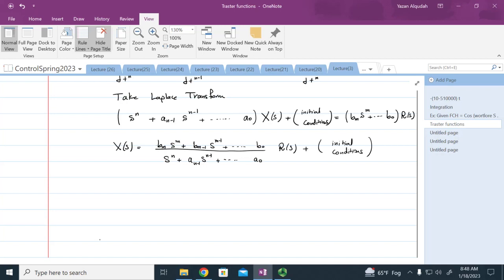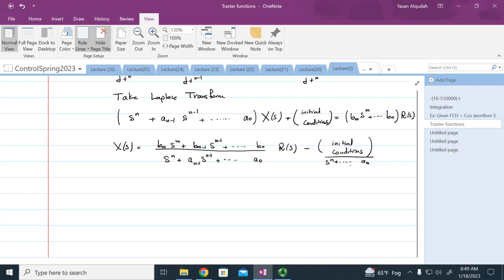Probably I should write a minus sign here, because I moved it to the other side. Yes, that's what I'm saying, this should also be divided by s to the n plus all the way to a_0. Make sense, everybody?